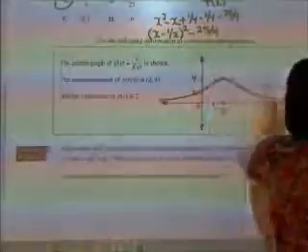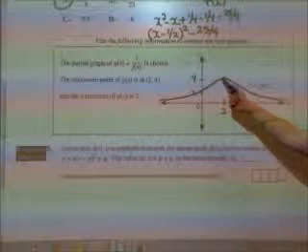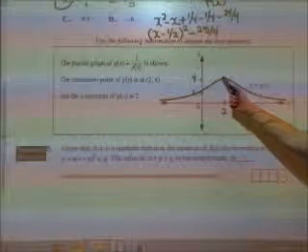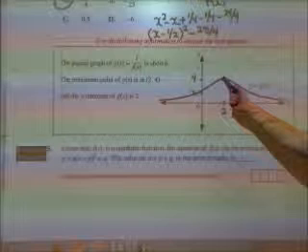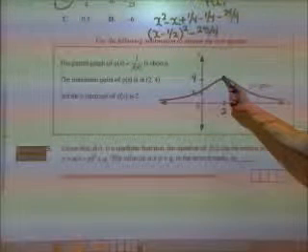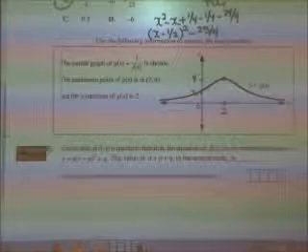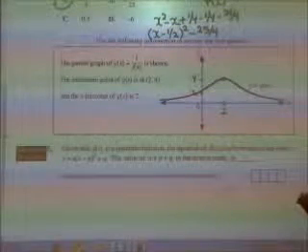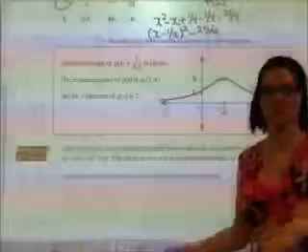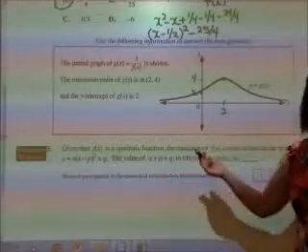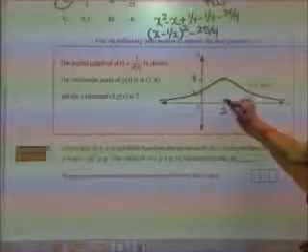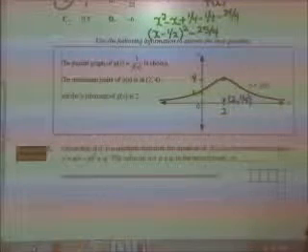This is the reciprocal function. So if the reciprocal vertex or maximum point is at 2 and 4, what would the original have to have been? So think of what it would have been before I took the reciprocal. 2 and 1/4. So this point right here, 2 and 1/4, that's my new vertex.